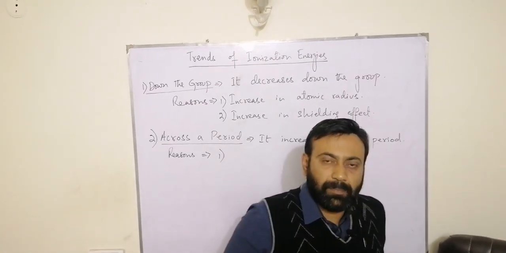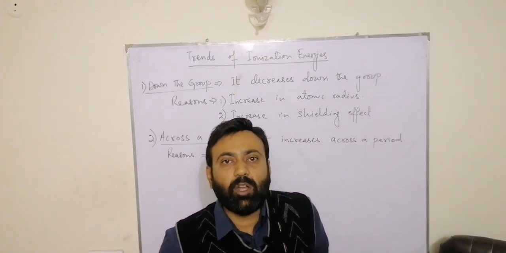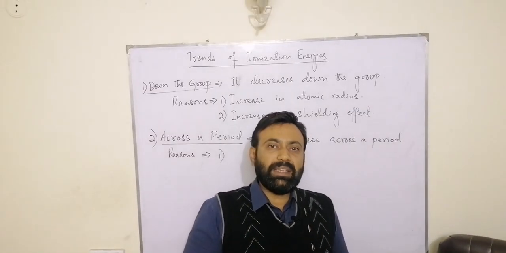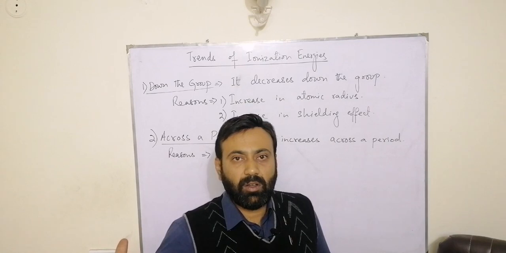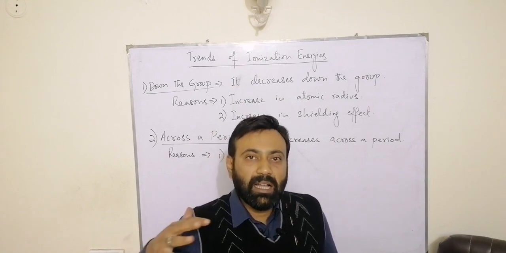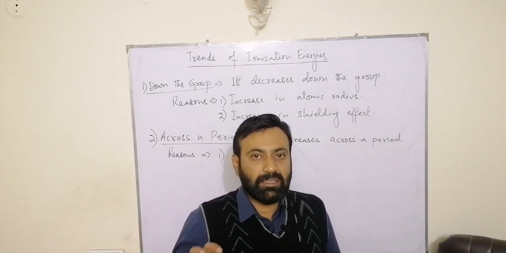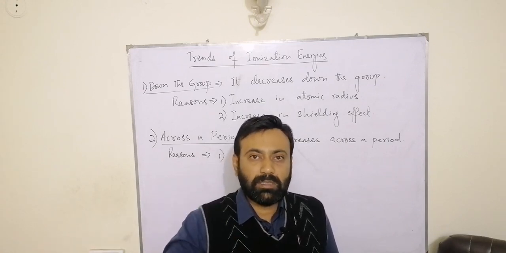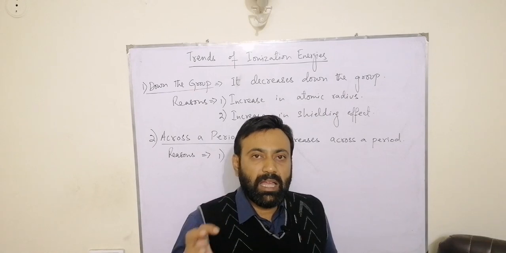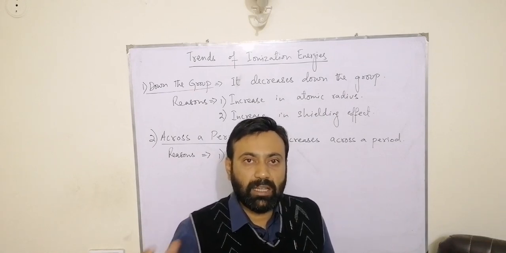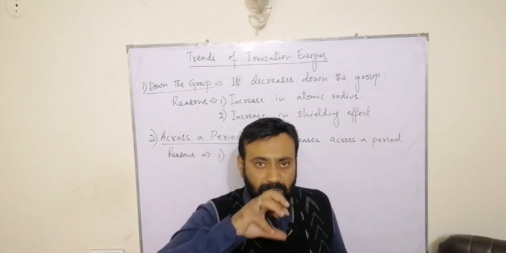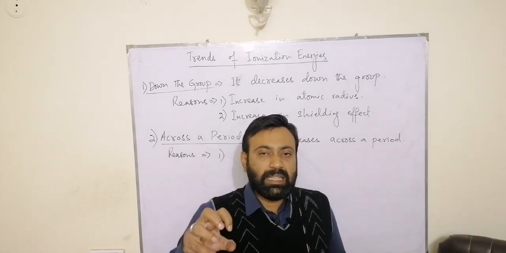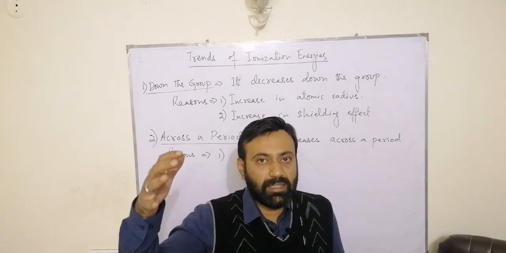And the second reason is the atomic radius. Atomic radius actually decreases across a period. Although the shell is the same, like if we are talking about period number 2, all of those elements in period number 2 have the second shell as their outermost shell. But due to an increase in protons, there is a stronger force of attraction to the valence electrons.